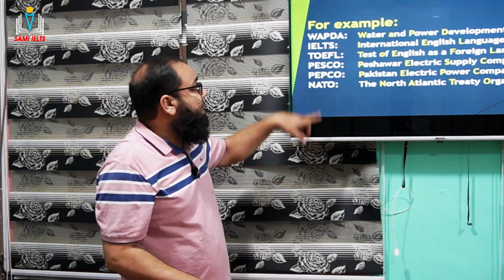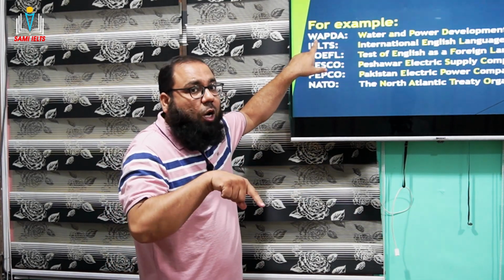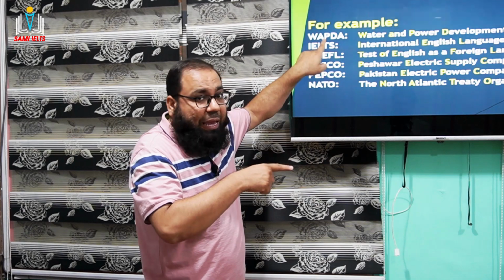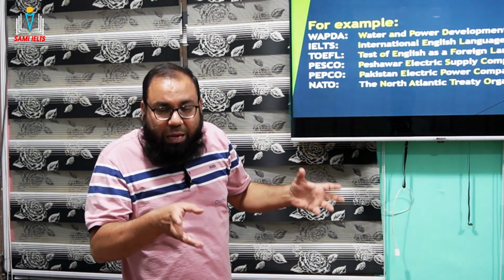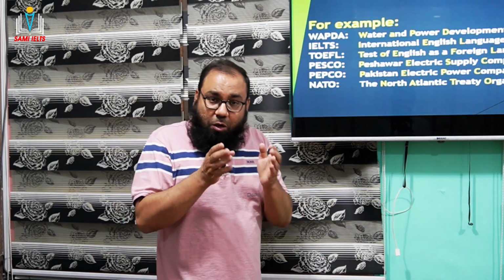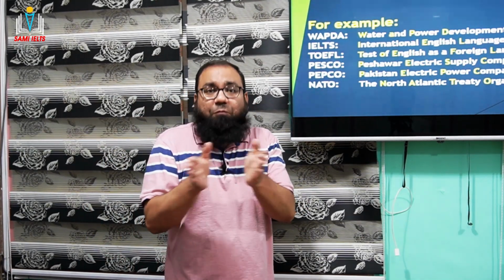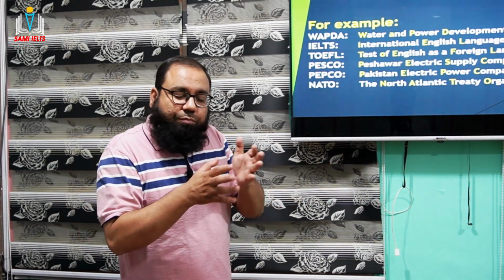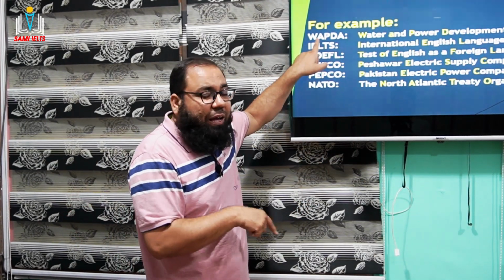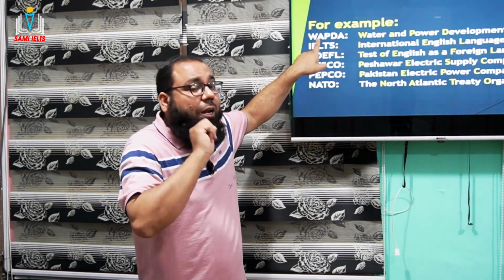And one more thing, guys, if you apply a full stop after W, after A, after P, and after D, it becomes an individual abbreviation. So guys, look here now, only one full stop makes it a very different story. You apply a full stop here, so this is now an individual abbreviation.